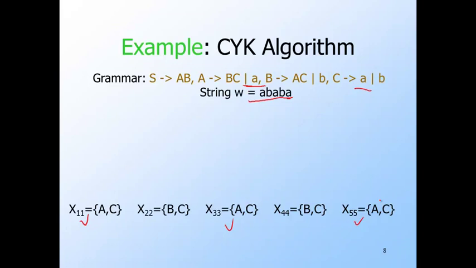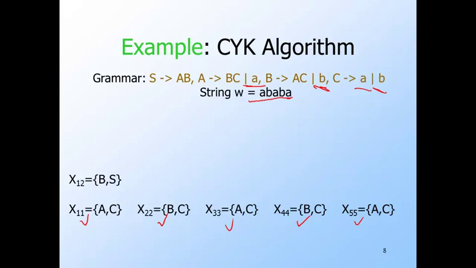For terminal b, we see body b in productions for B and C. That's here and here. Thus, if i is a position of w that holds b, X sub ii will be BC. That explains positions 2 and 4.